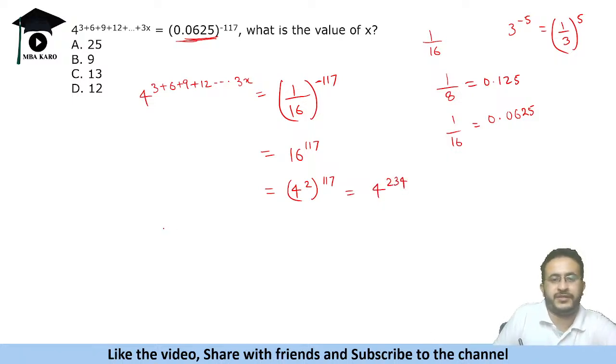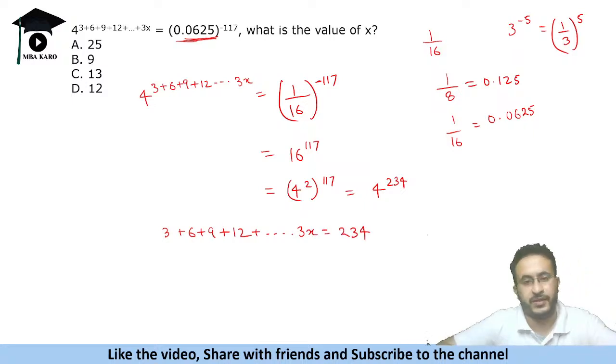So now we are given 3 plus 6 plus 9 to 3x equals 234. Now can you find the value of x?